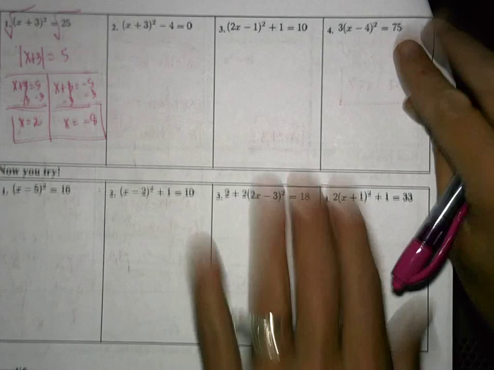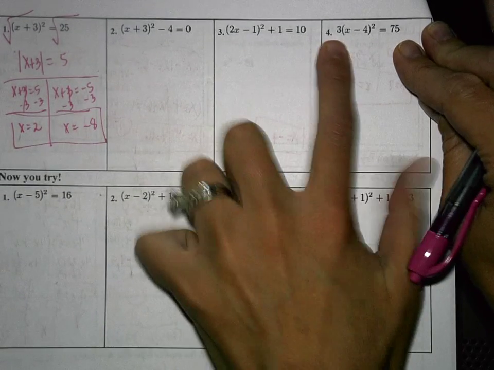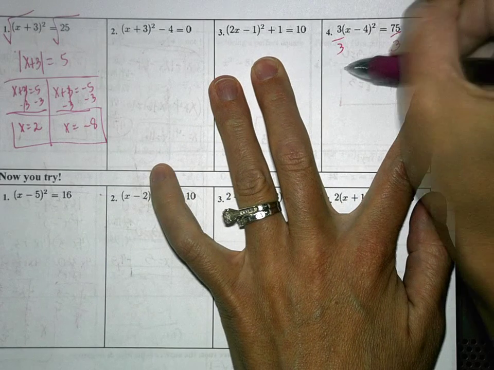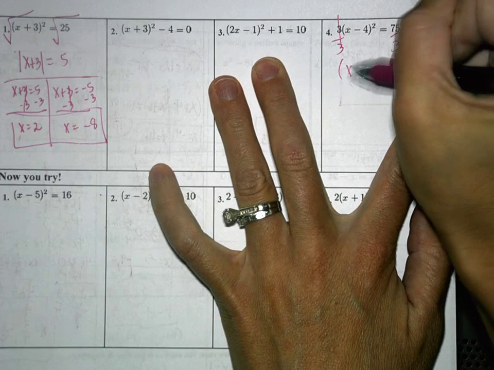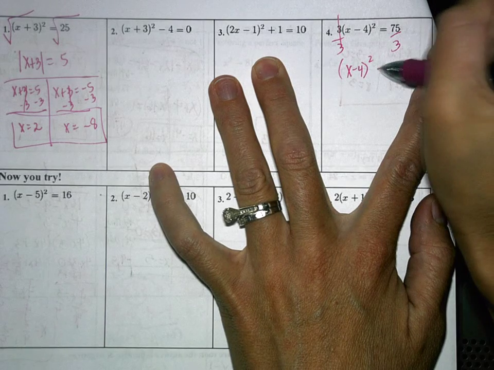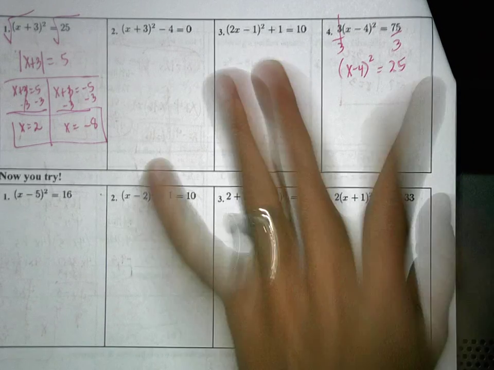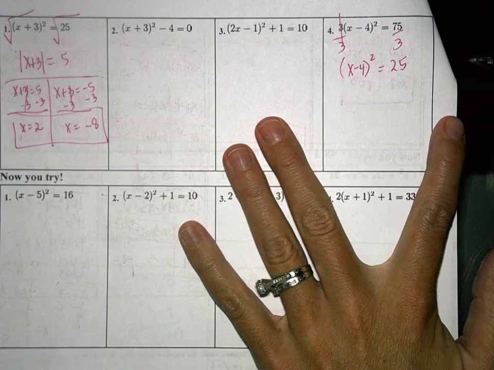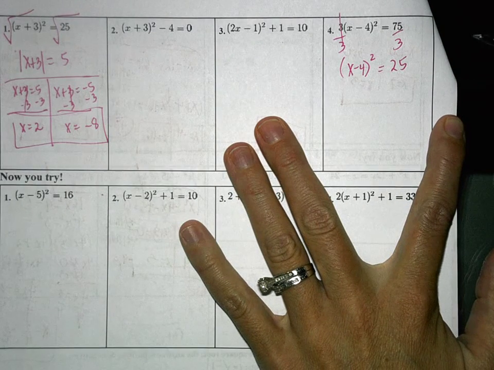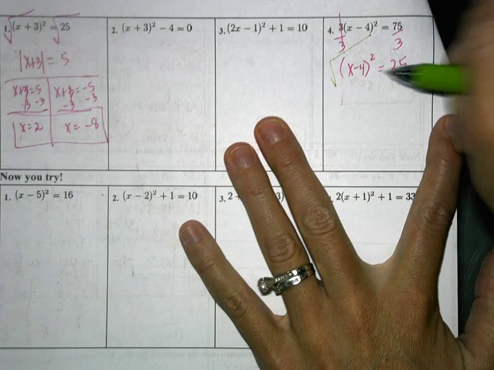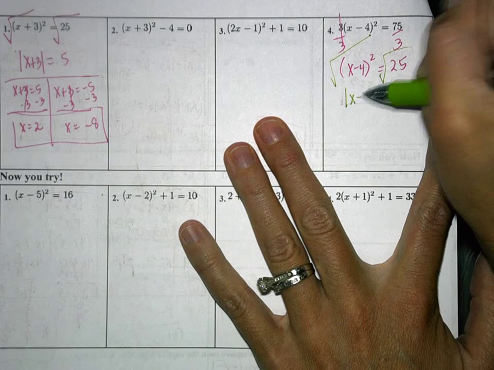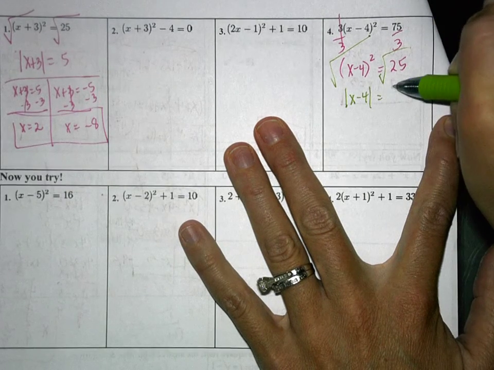Okay, so first number 4, I'm going to work through it. I'm going to go a little quickly because I think most of you have it done. If you need me to explain anything though, or if I'm going too fast, just stop me. So I first divided by 3 on both sides to get my square by itself. Next, we take the square root and we get the absolute value of x minus 4 equals 5.